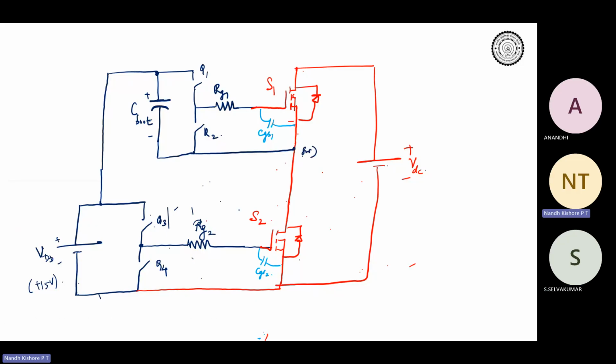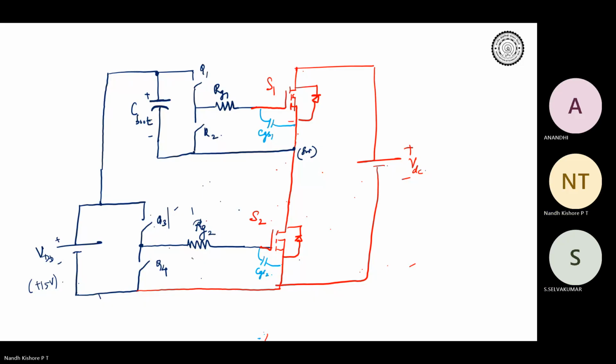This is your switching node connection. And if I want to turn off S1, I will just turn on Q2. If I turn on Q2, then the capacitance will discharge through RG1 and Q2. That will be the path.